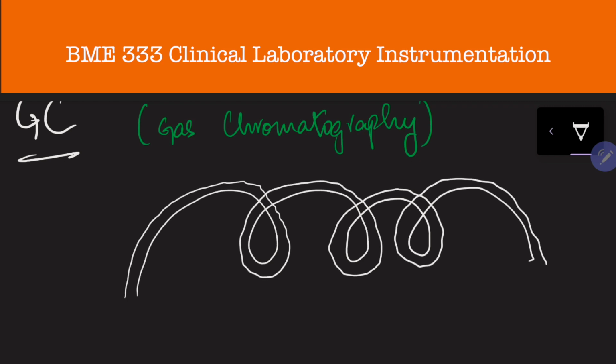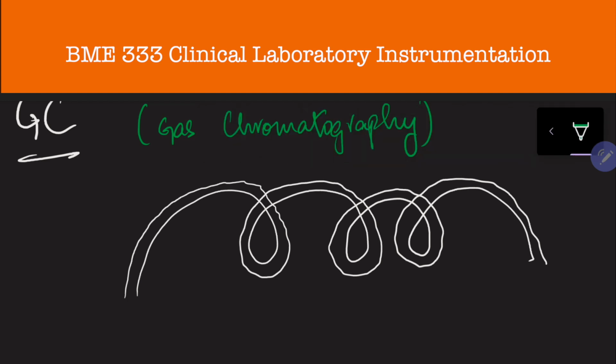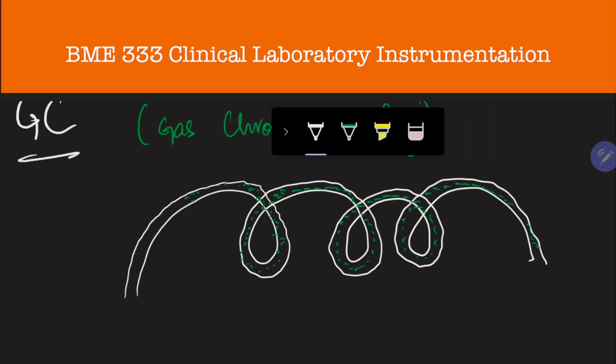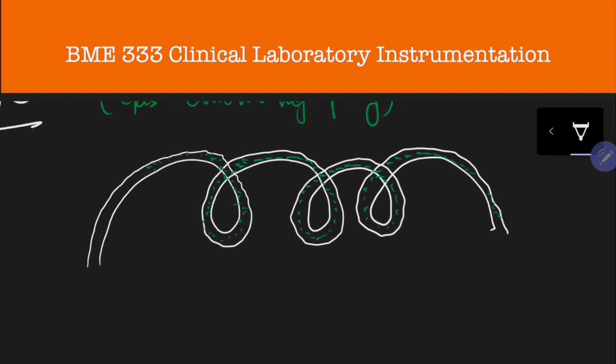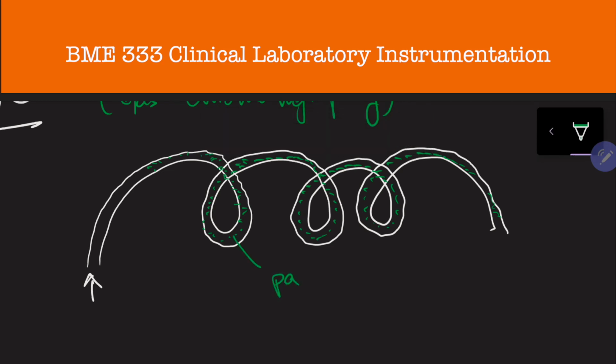A fundamental difference between TLC and gas chromatography (GC) is that, of course, the mobile phase is a gas, but gas chromatography keeps track of components based on the time they take to pass through the stationary phase, whereas for TLC, it's about the distance as opposed to the time that it takes for the components to travel. So gas chromatography is time-based component identification, and TLC is distance-based component identification.